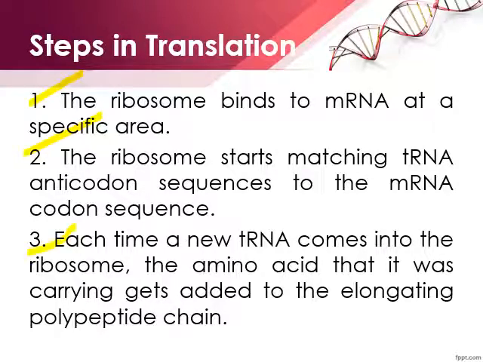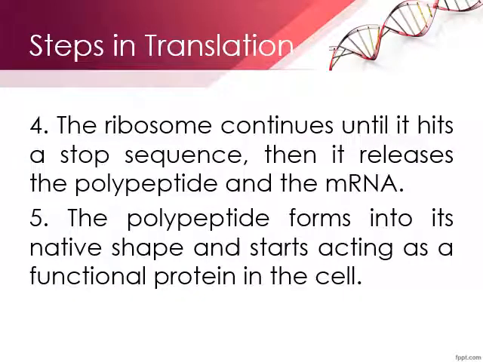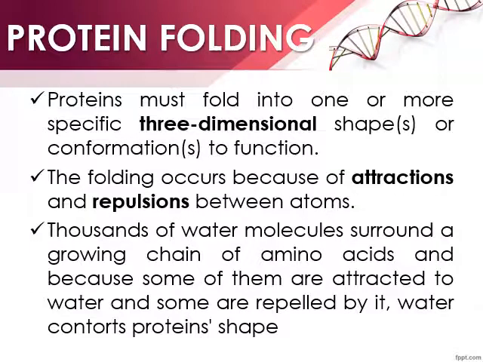So each time a new tRNA comes into the ribosome, the amino acid that it was carrying gets added to the elongating polypeptide chain. Then the ribosome continues until it hits a stop sequence. Then the polypeptide forms into its native shape and starts acting as a functional protein.